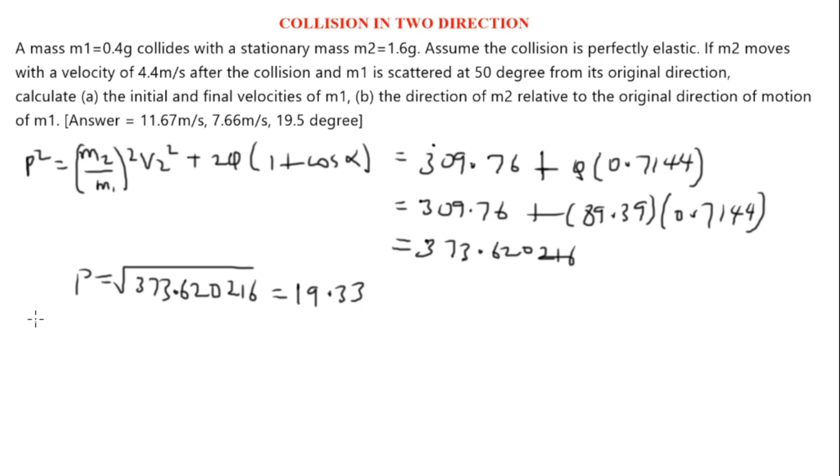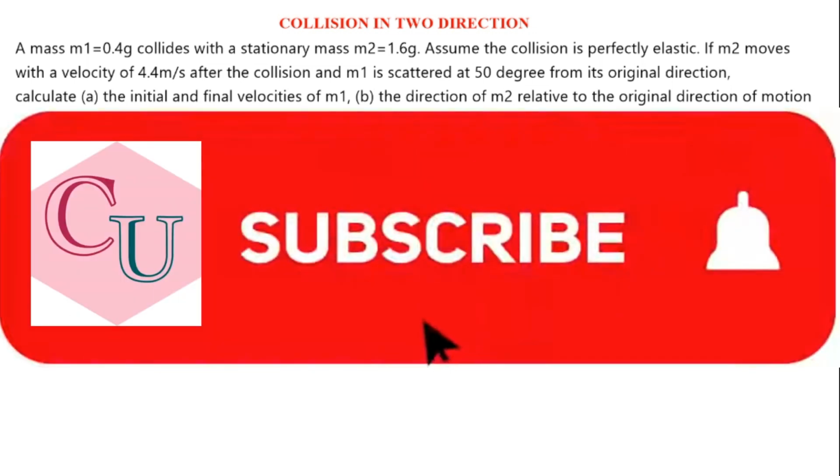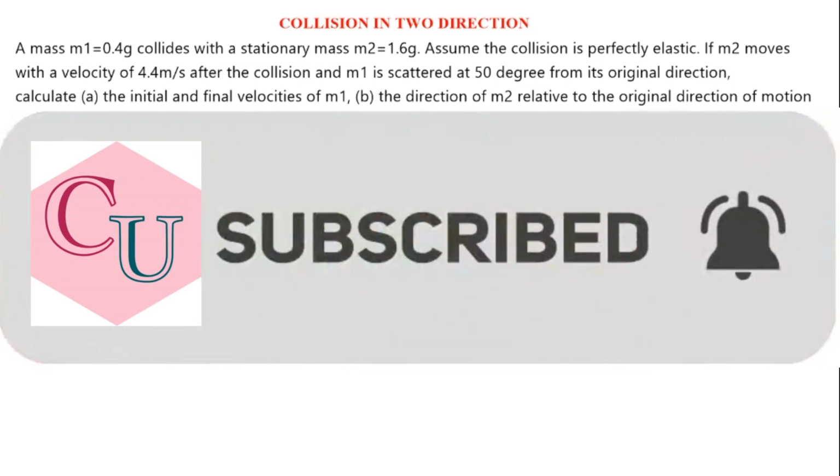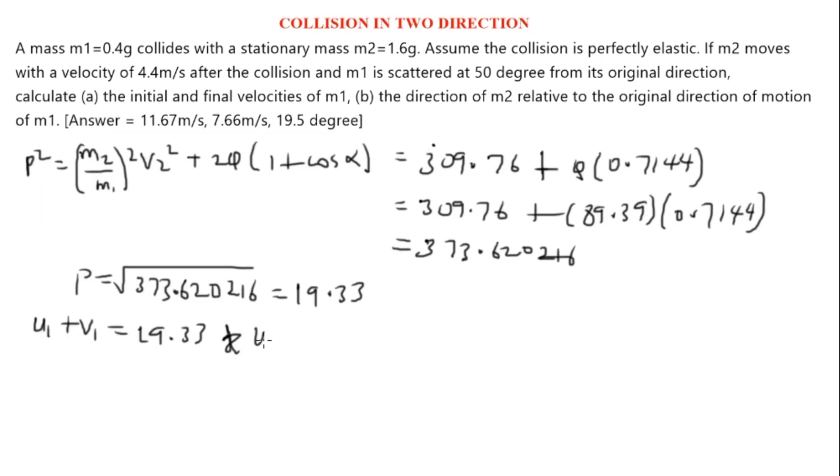But recall that u1 plus v1 is equal to 19.33, and then u1 v1 is equal to q, and our q is 89.39.